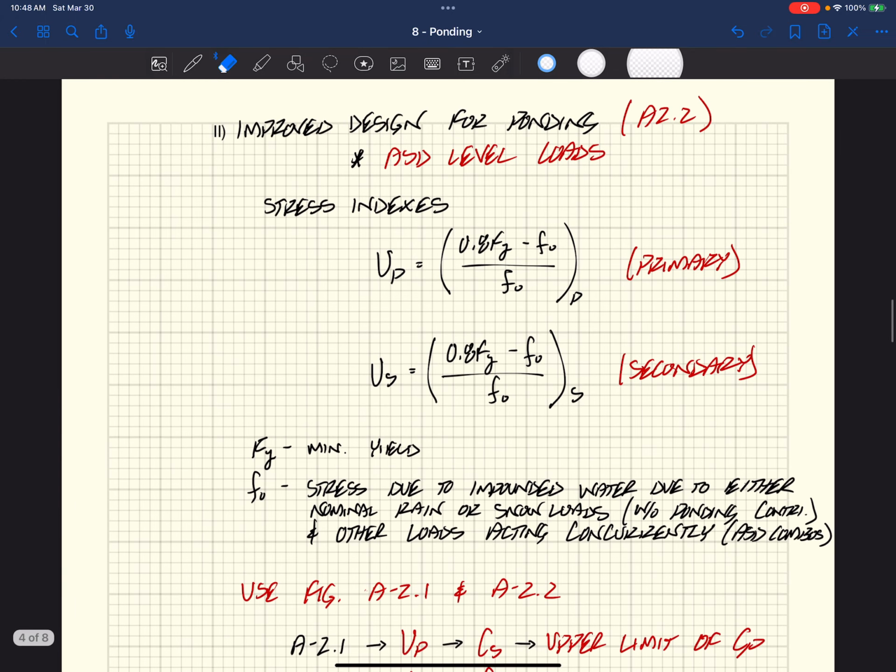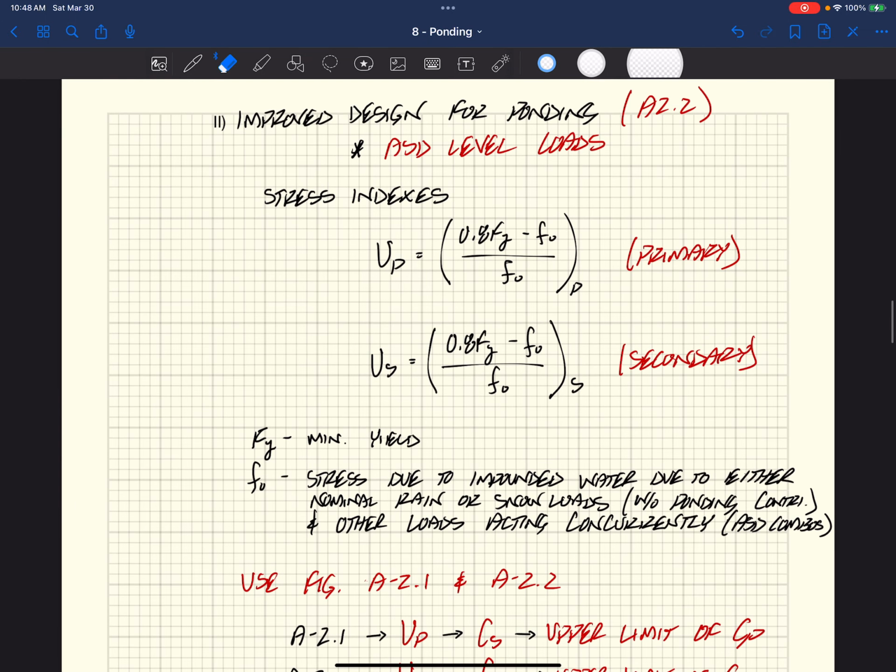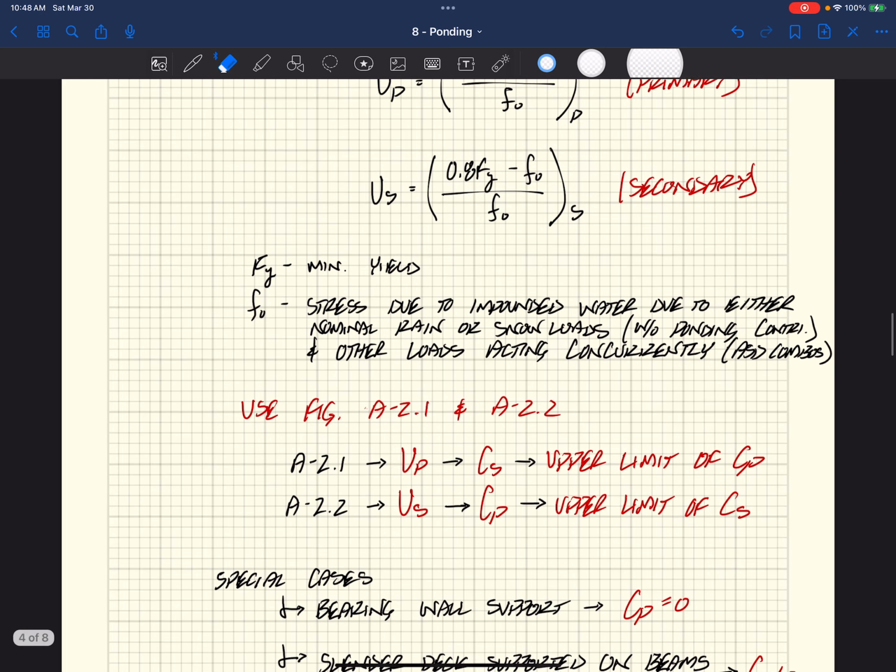We went through the simplified and improved. One of the big things with the improved is that we need to look at the actual stress that's going on based on ASD level loads and the load combinations associated with it. So if you were dealing with rain loads, you'd have to look at the rain specific combinations, snow load specific combinations.